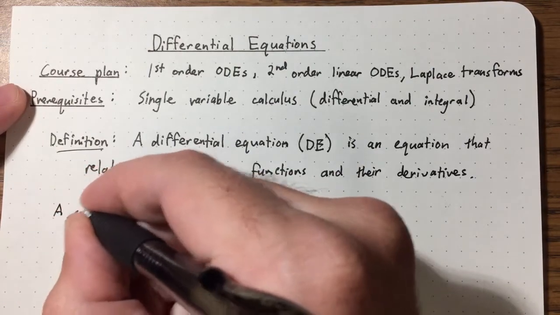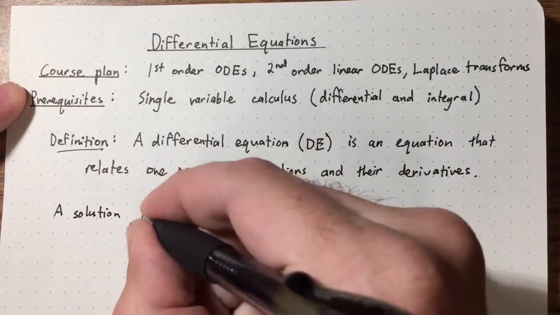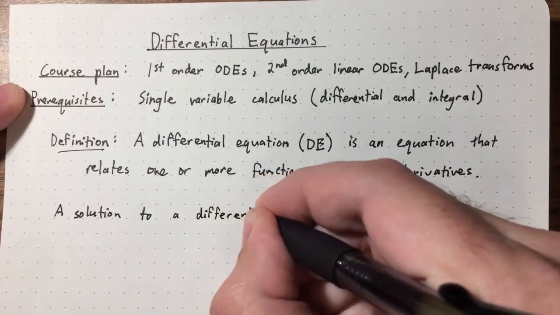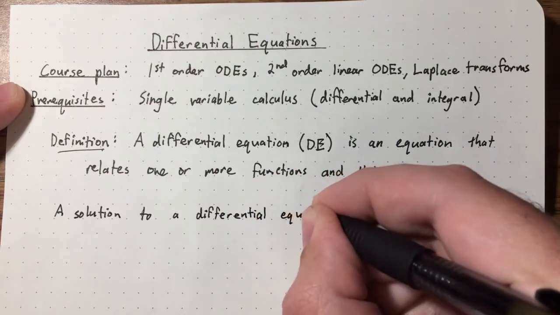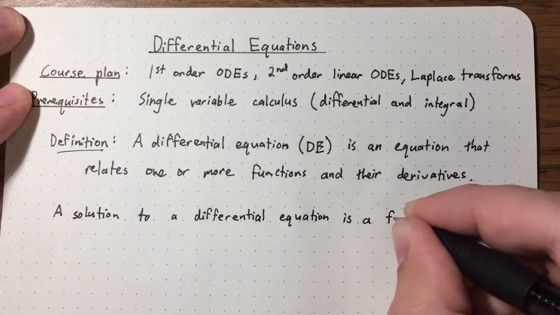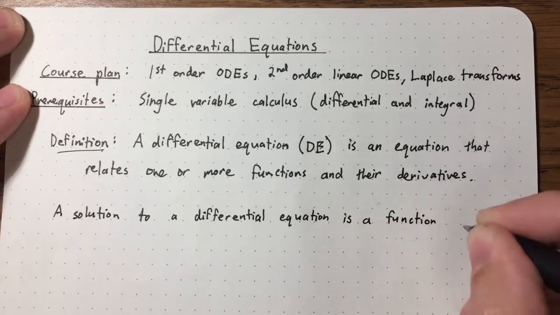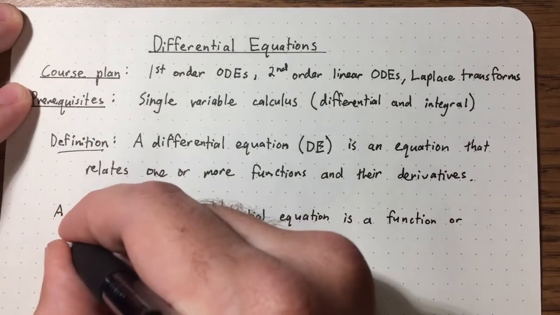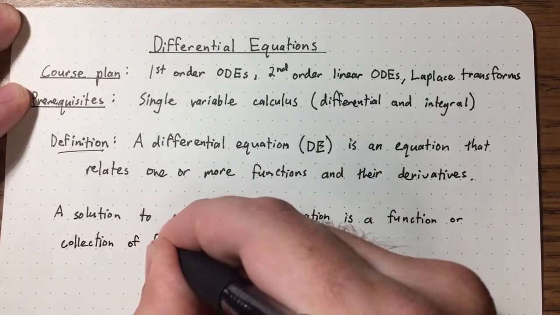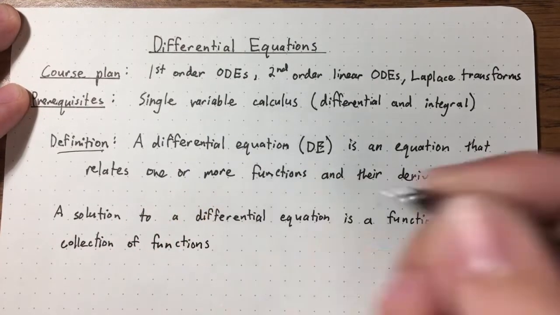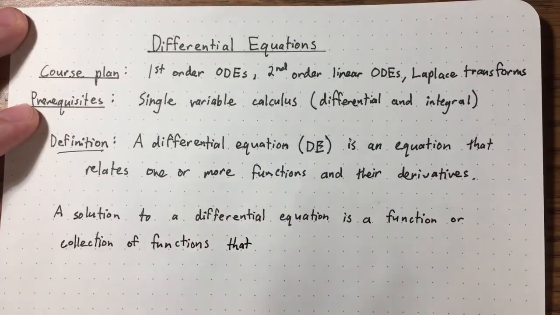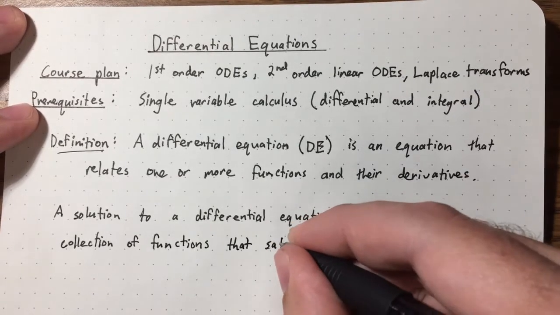A solution to a differential equation is not a number, it's a function, actually, or even a collection of functions. And these functions are going to satisfy the equation. So we're looking for a collection of functions that satisfy the equation.